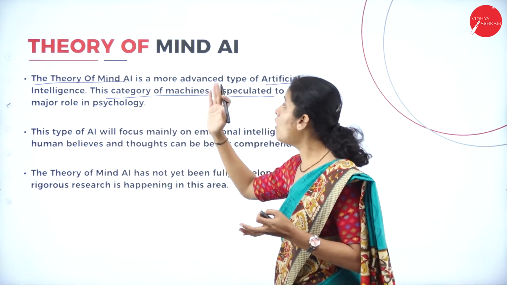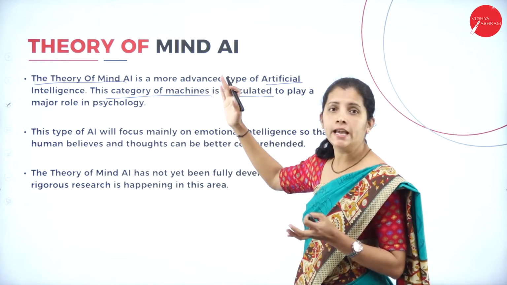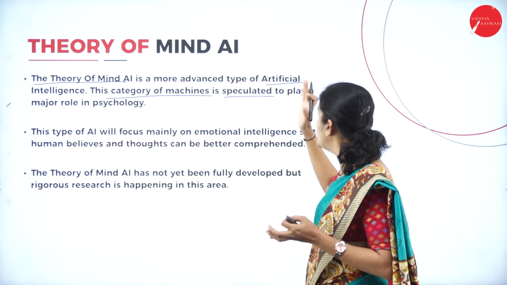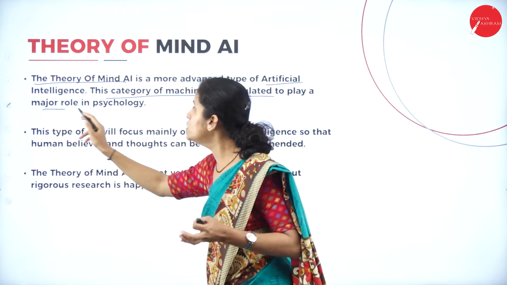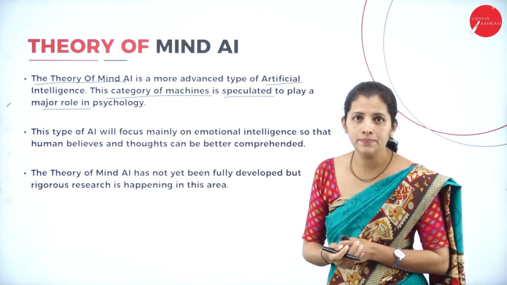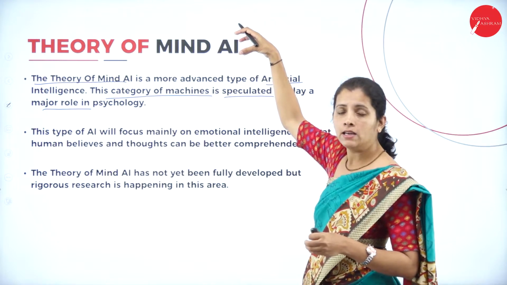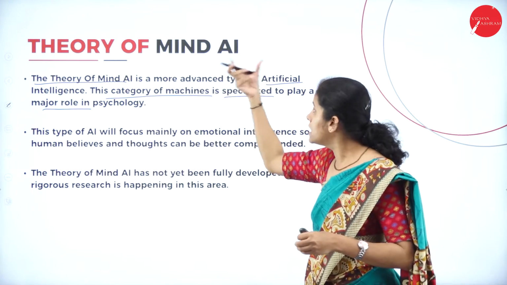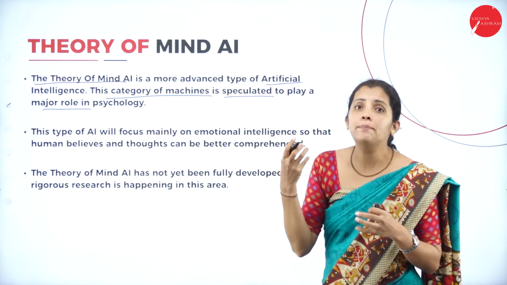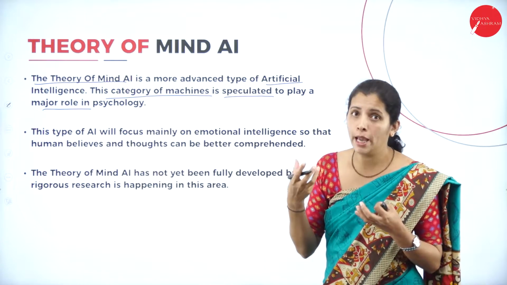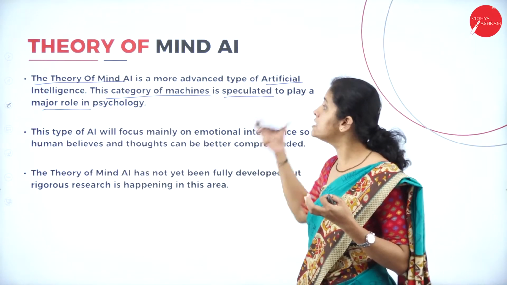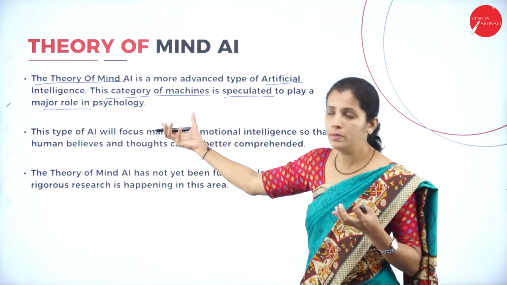This kind of machine is speculated to play a major role in psychology. As the name suggests, it mainly depends on human emotion, that's nothing but the psychology of humans.